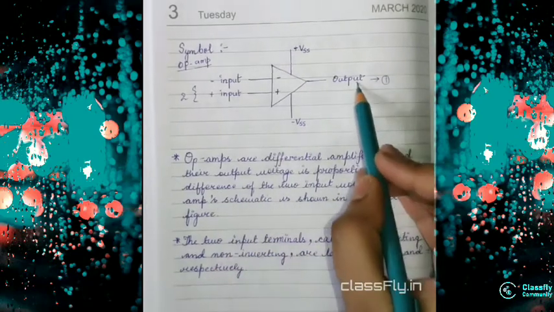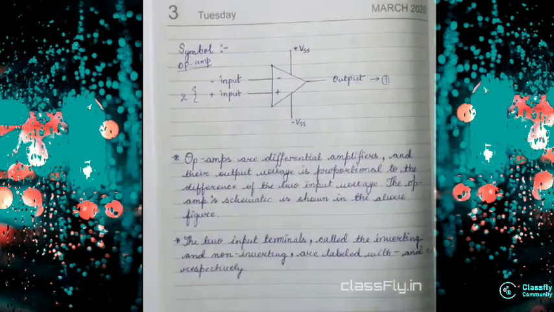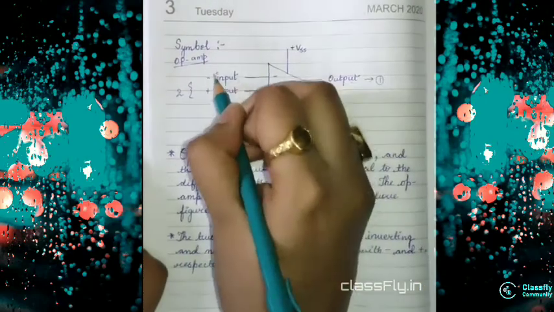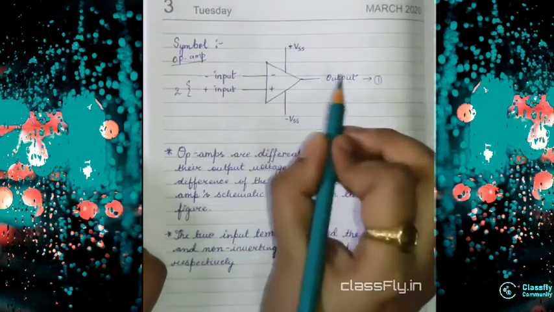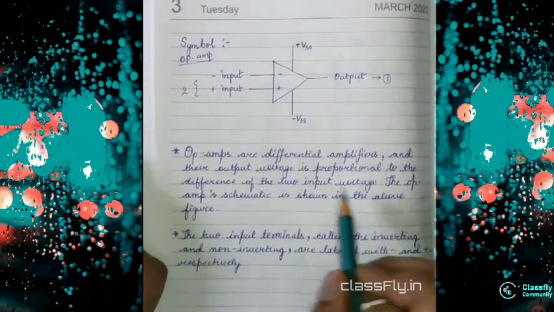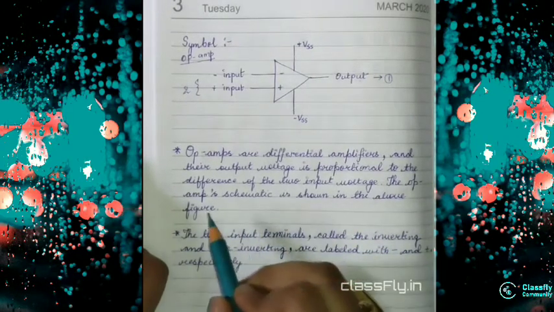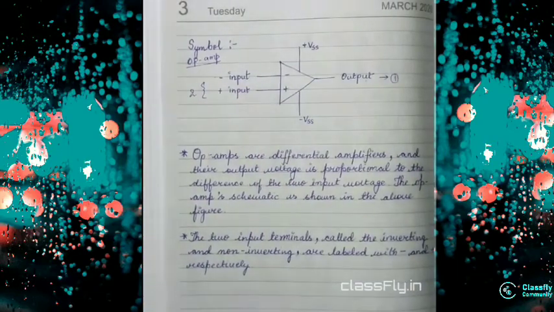And their output voltage is proportional to the difference between the two input voltages. Here it states that the difference of these two is proportional to this output. The op-amp schematic is shown in the above figure. This is the schematic, or you can say the symbol.